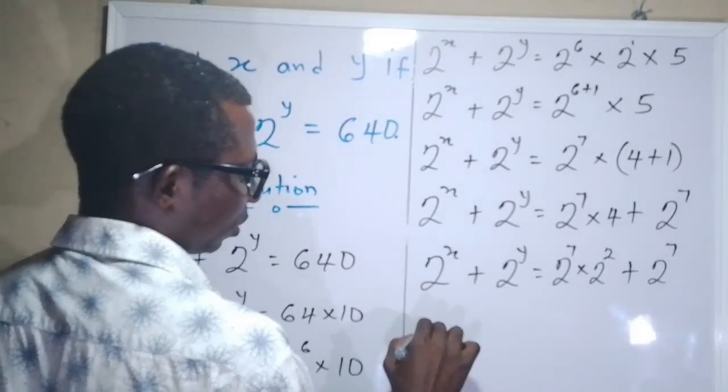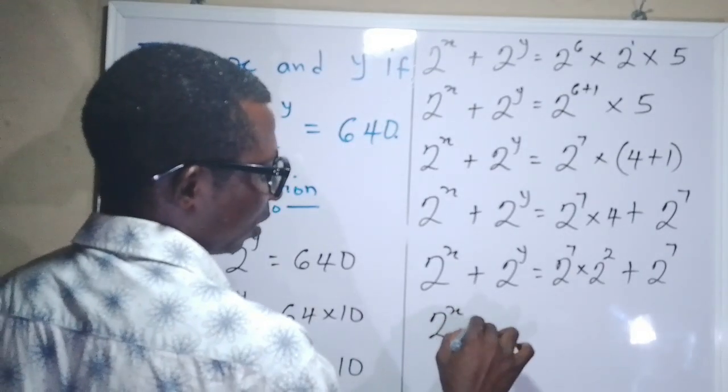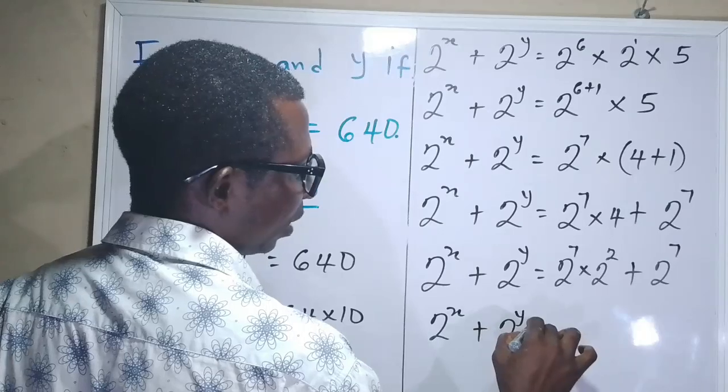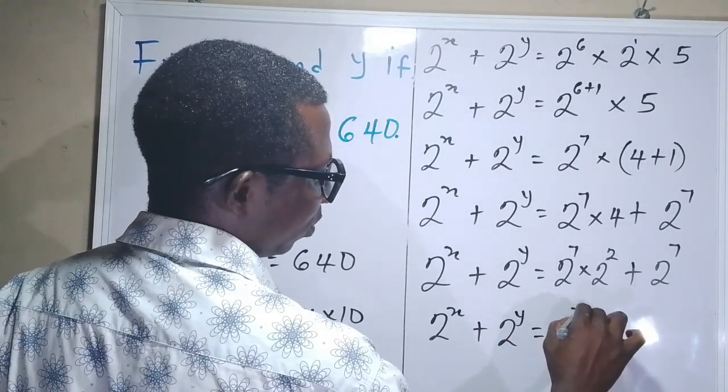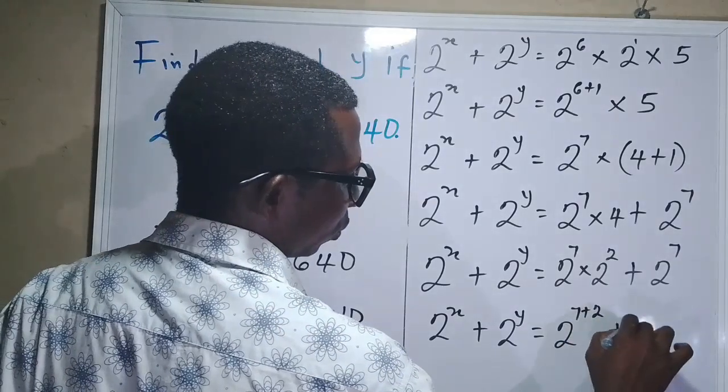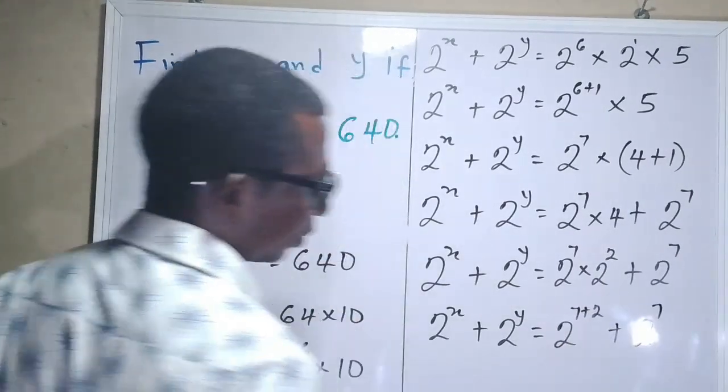So this gives us 2^x + 2^y equals 2 raised to the power of 7 plus 2, plus 2 raised to the power of 7.